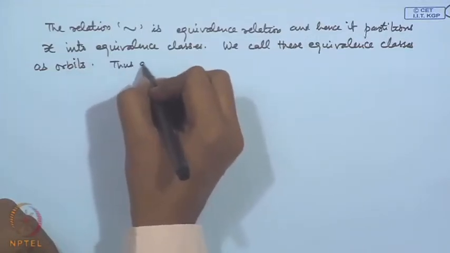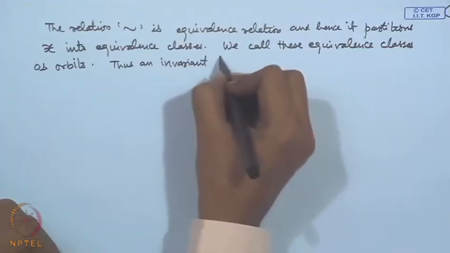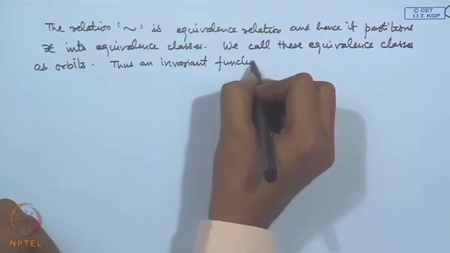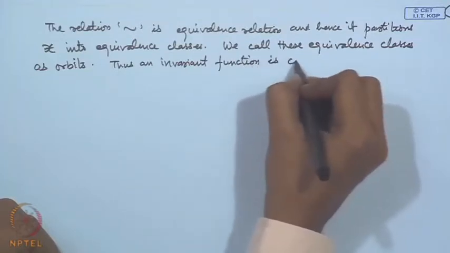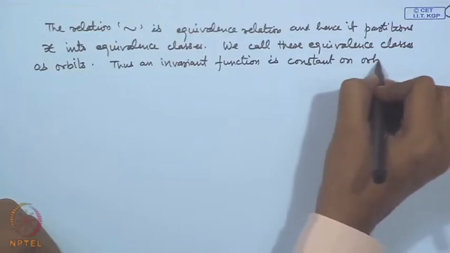Thus, an invariant function is constant on orbits.